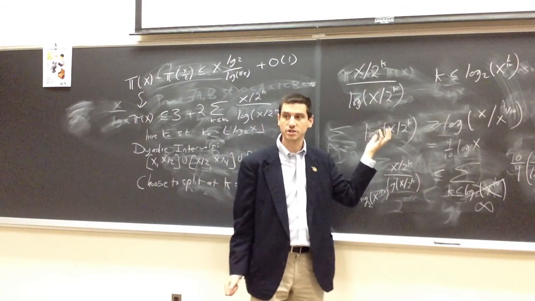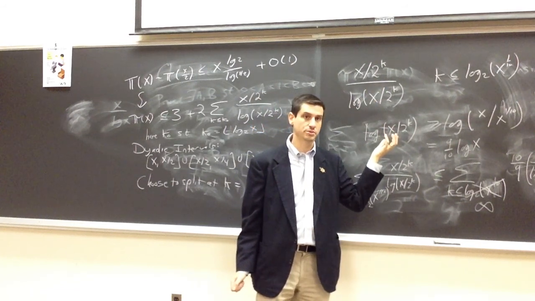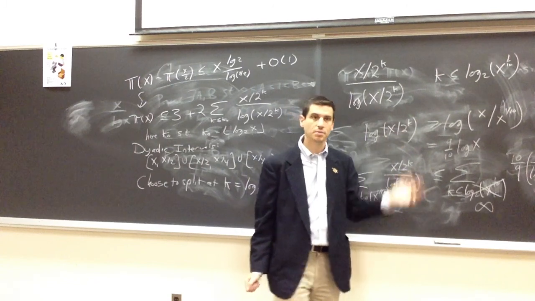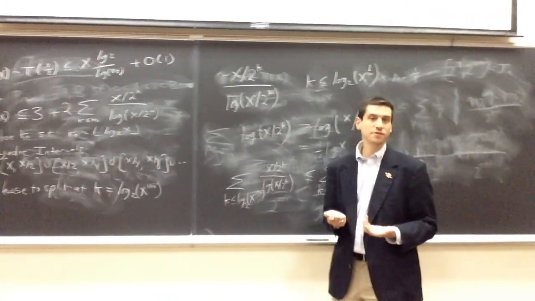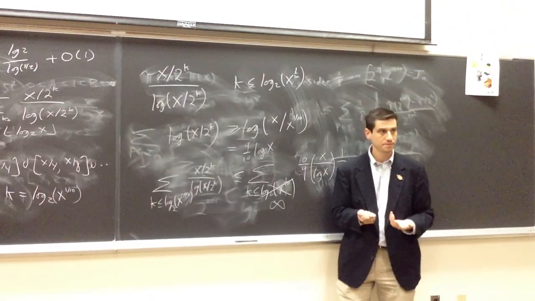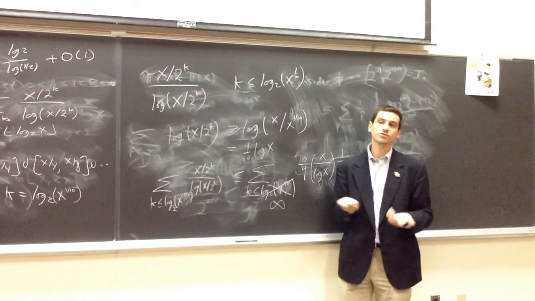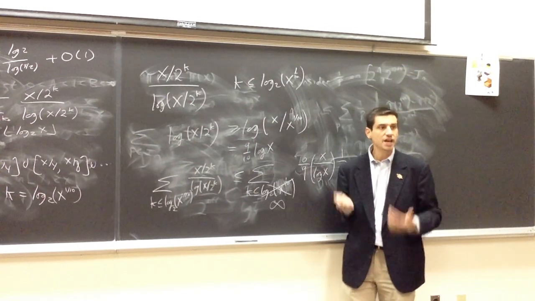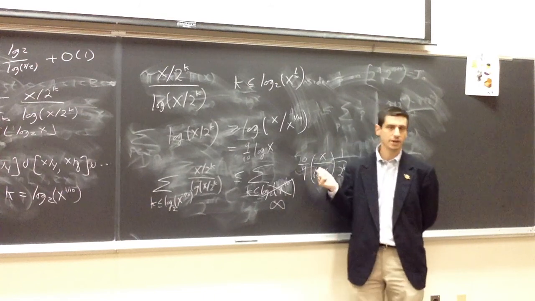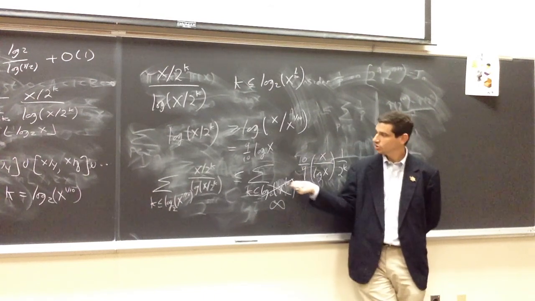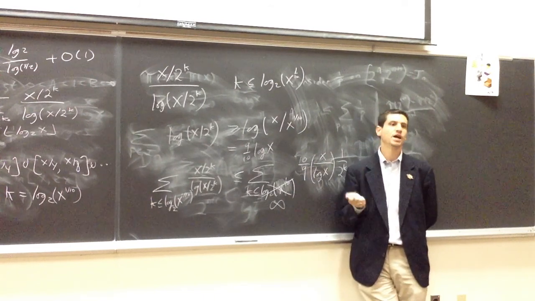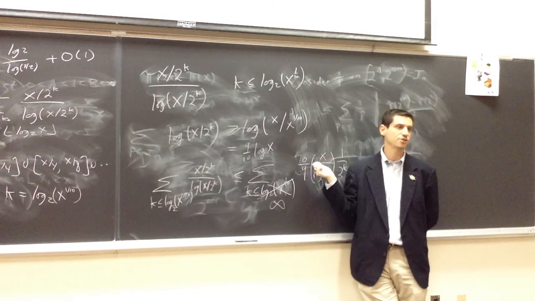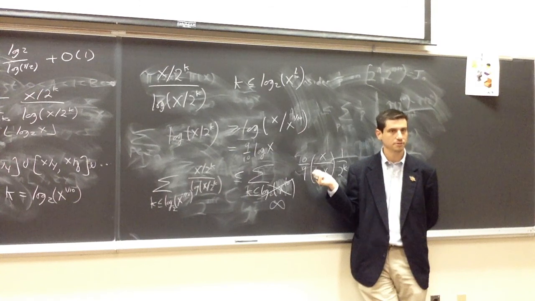I'm greatly overestimating the contribution of the last few terms. But I'm trying to show a bound of size x over log x. These terms are contributing x to the 9/10. They're negligible. It doesn't matter. Most of the contribution is going to come from the first few terms. I will maybe have my constant off by a factor of 4 or 10, something like that. Doesn't really matter, and it makes the calculation significantly easier.